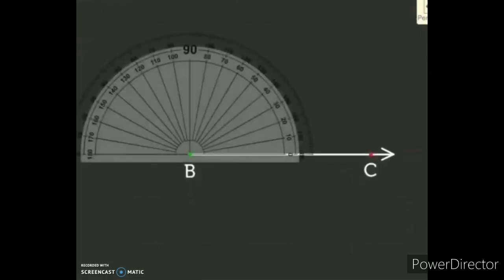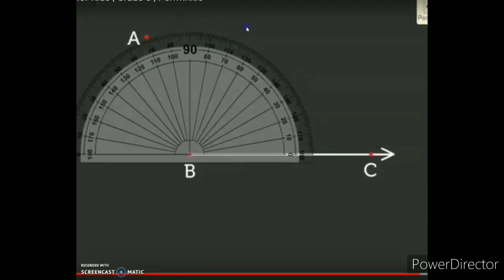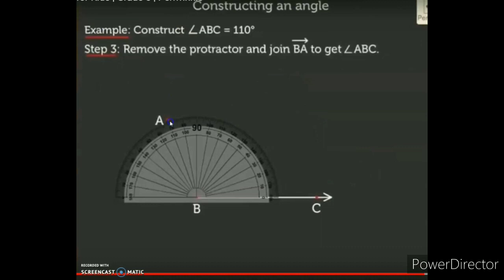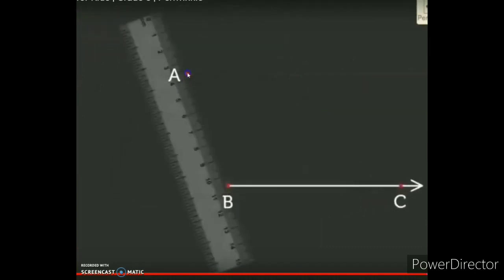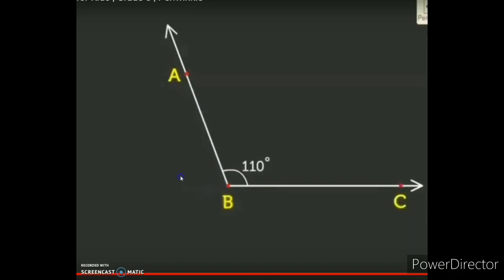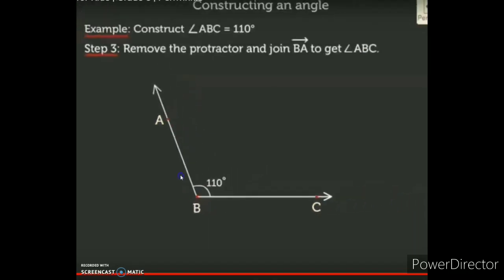Then we keep the center of the protractor on the point B, and we see which side the arrowhead is facing. It's facing towards right, so we will start counting from 0 degree to 110 degrees. Then we will make a point here, then join point A and B. So here we got 110 degrees.